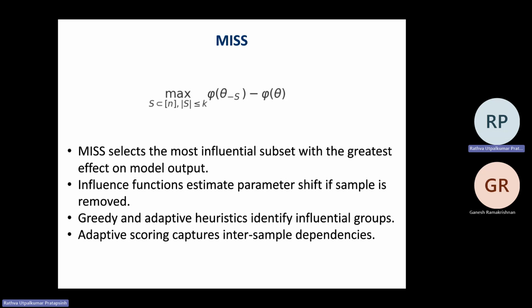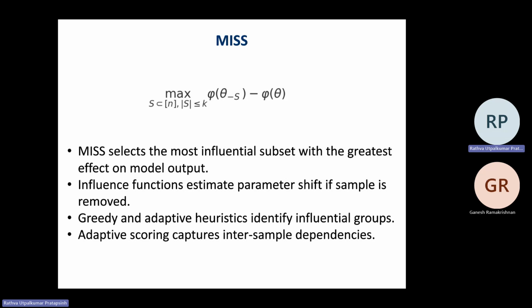Next, there are two methods, greedy and adaptive heuristics, to identify the influential group. In greedy, we first provide weights, but after that we can't update any weights, and based on that we select the most influential points.